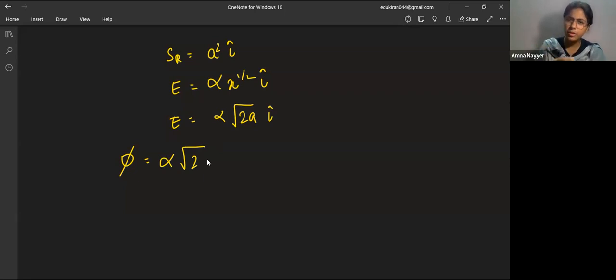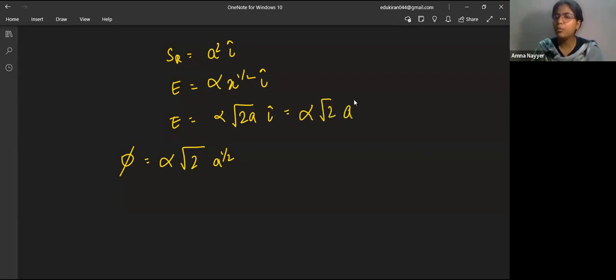You can do one thing, shift a aside, keep a as half only, because we have to solve this a also. If you put it under the bracket, it would be a little difficult to solve. Keep a like this only, right? You can write alpha root 2 separately and root a, that is a to the power half, separately.